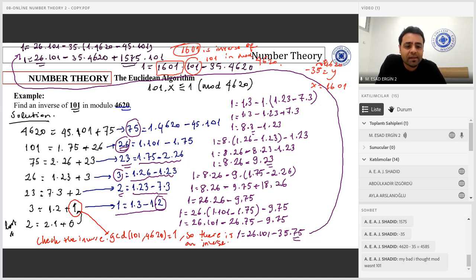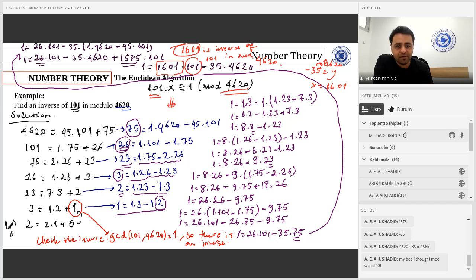Yes, the mod is not 101. The mod is 4,620. This is our modulo. Here is the integer we are going to find; we try to find the inverse of 101 in modulo 4,620. This is the x.